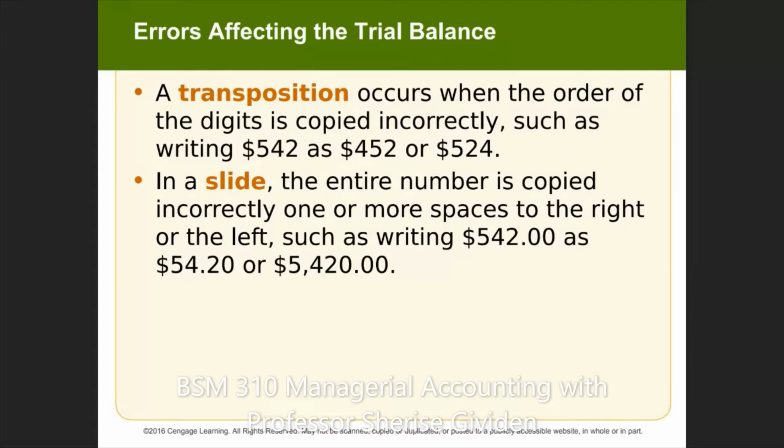Depending on how it's set up, you could copy something over and it copies over as text, and it doesn't pull that number into the calculation at all because it pasted as text instead of a number. And so now you're off by $10,000 because you copied over a number that wasn't being picked up correctly. So just make a note of what those errors are that can affect the trial balance.